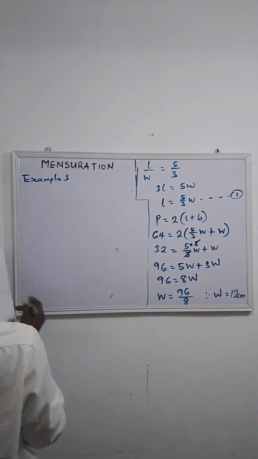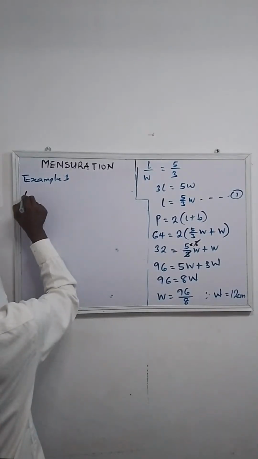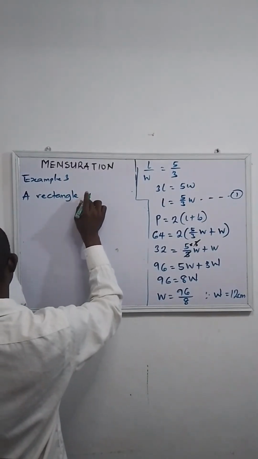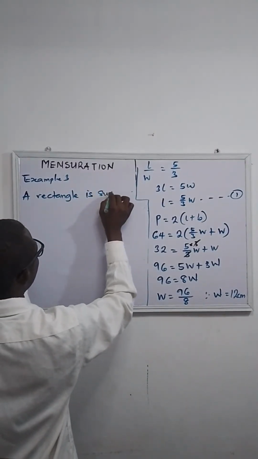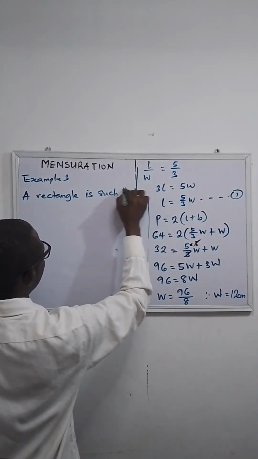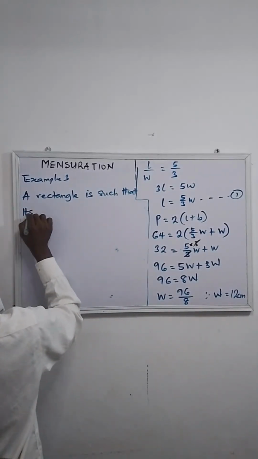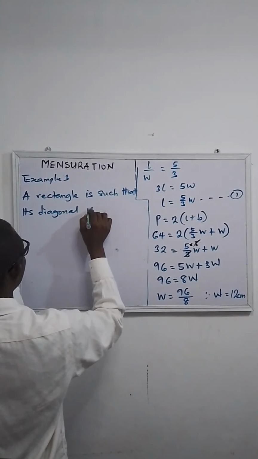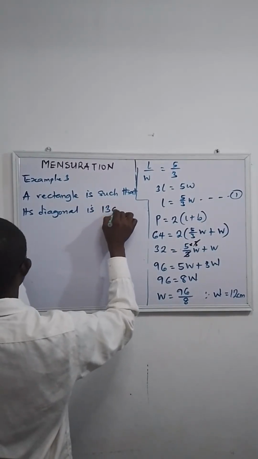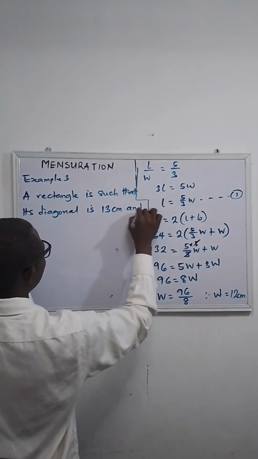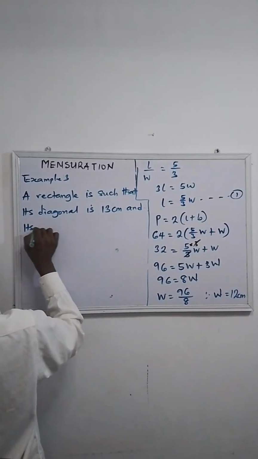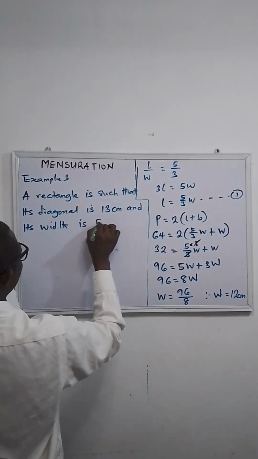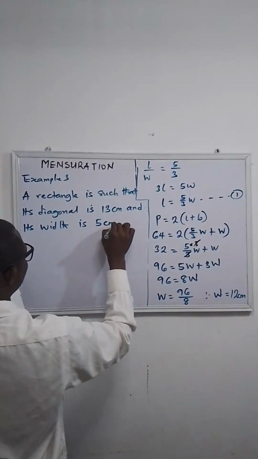Example 3: a rectangle is such that its diagonal is 13 centimeter and its width is 5 centimeters.